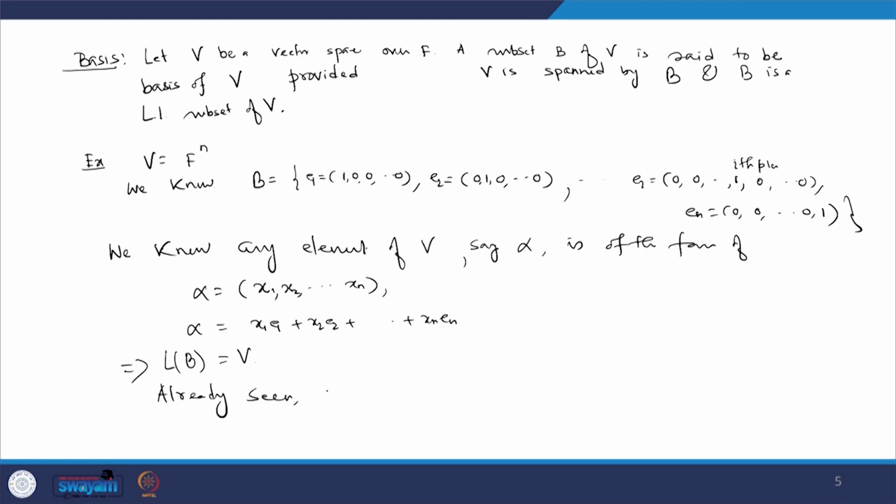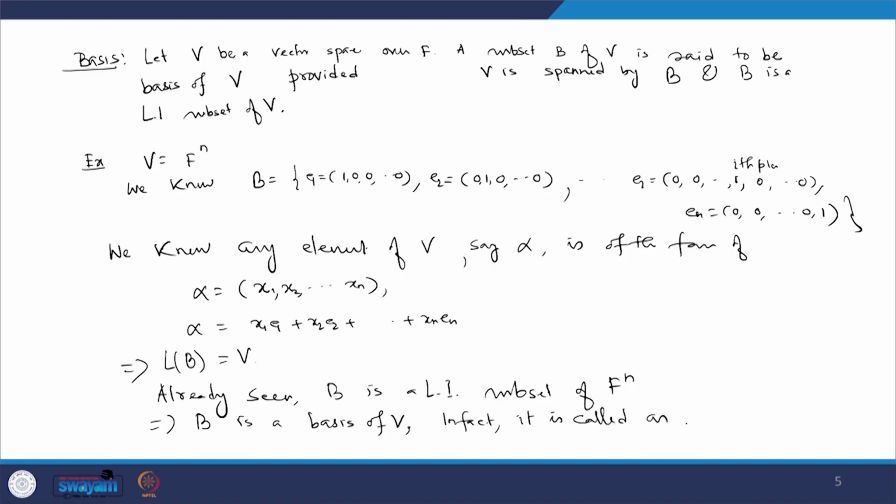Since B is a linearly independent subset of Fn, this implies B is a basis of V. In fact, we say this is called the standard basis in Fn.